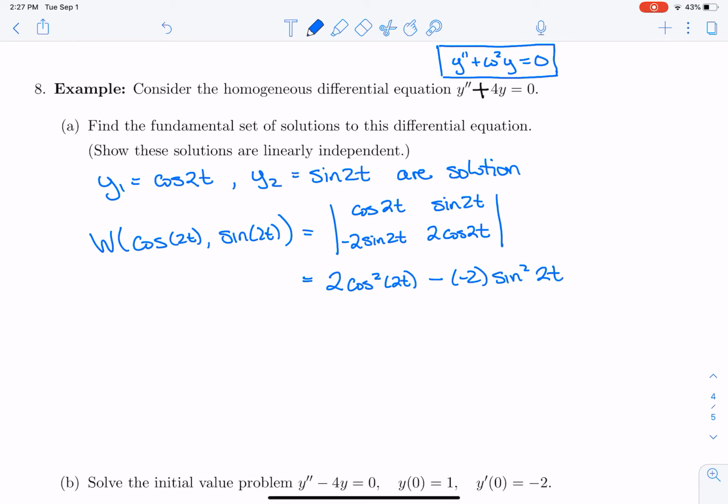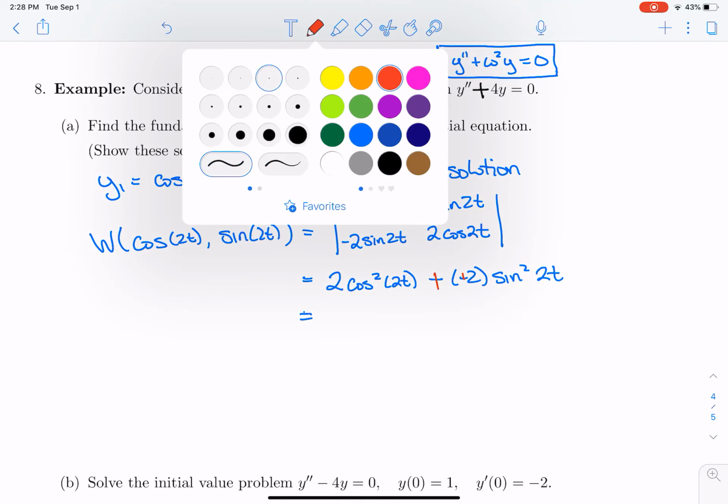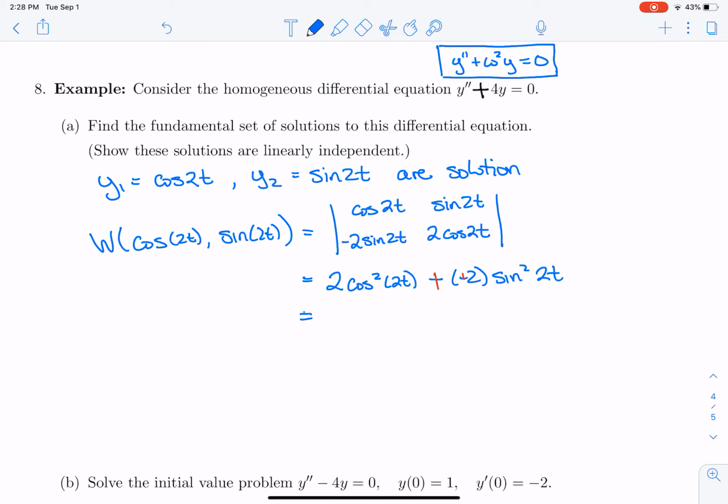So I have 2 cosine squared 2t plus 2 sine squared 2t. And so that gives me 2. And so the Wronskian is 2, which is certainly not 0, which shows me that the two functions are linearly independent.